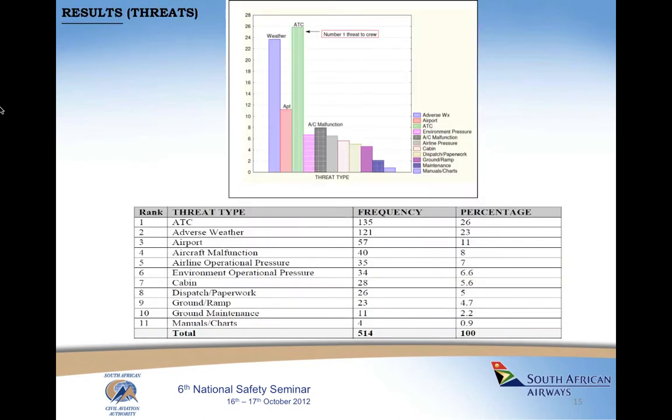Environmental threats totaled 66%, whilst airline threats totaled 34%. The number one threat to the organization's operations stems from ATC.